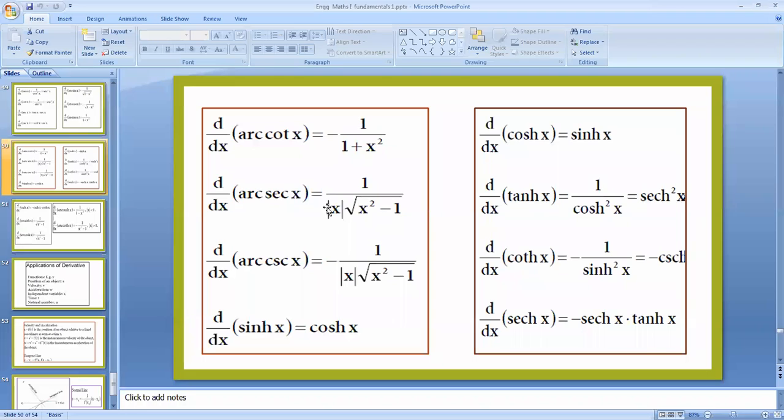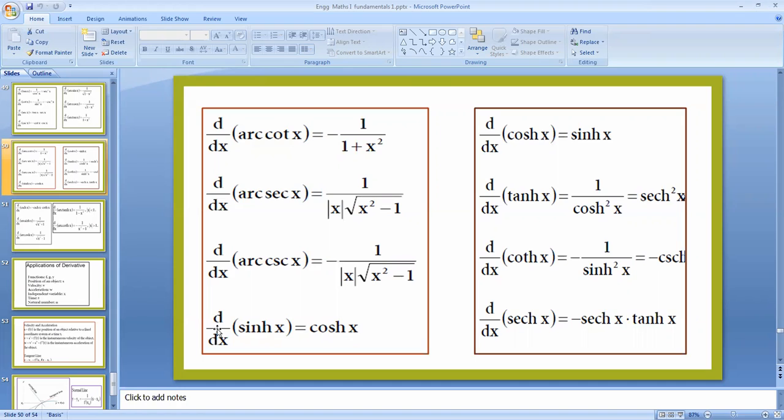So this was the differential of sec inverse of x. What is next? Cosec inverse of x. In this function, the first letter is C, so the differential will be negative: minus 1 upon x into root of x square minus 1.